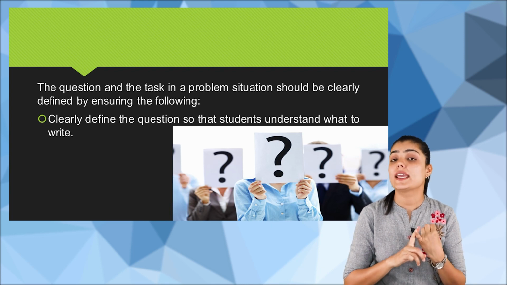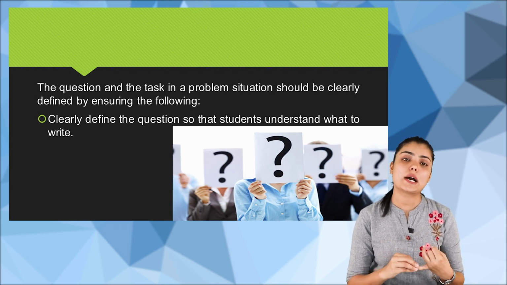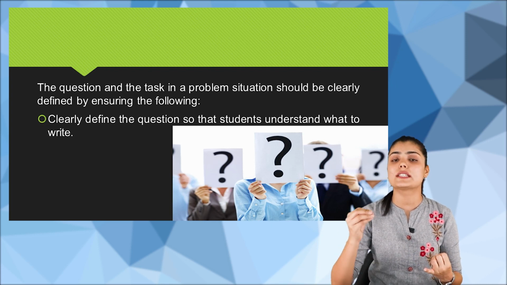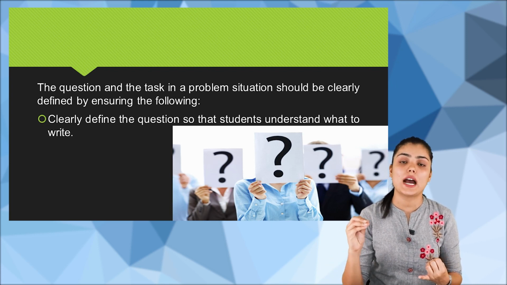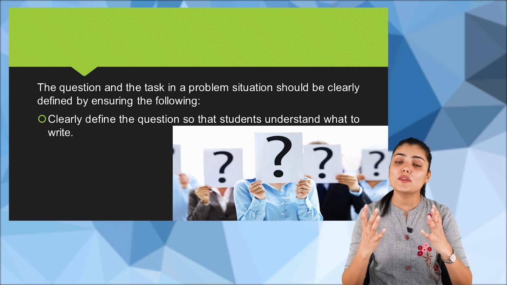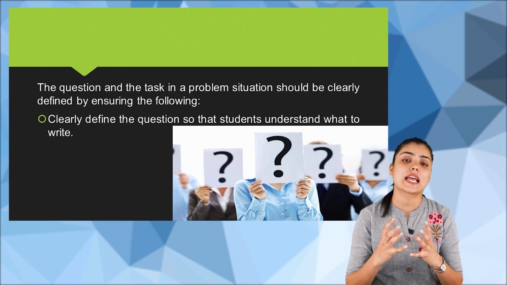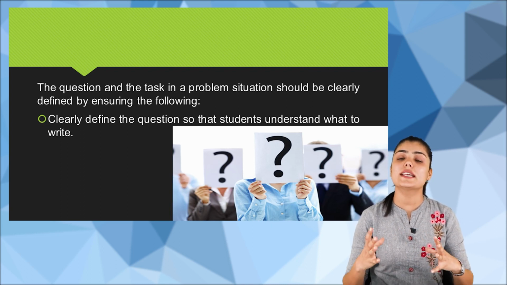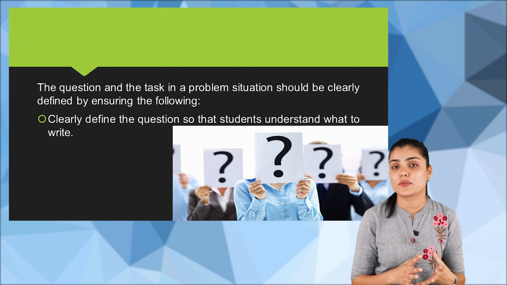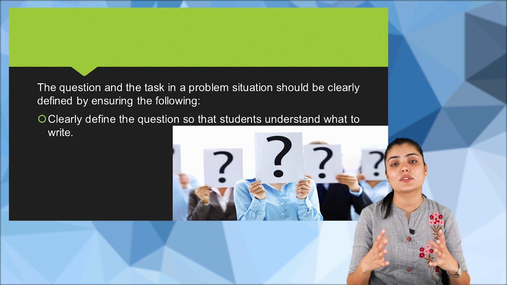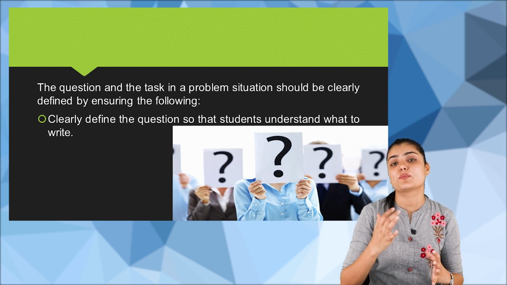The first thing is to clearly define the question so that the students understand what is being asked. For any respondent to formulate a correct answer, they need to understand the question properly. The first thing to do is to clearly define the question, whether it is in the written form or in the oral form, so that the students understand what is being asked.